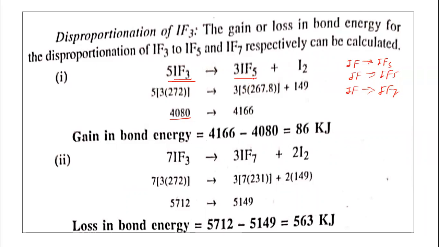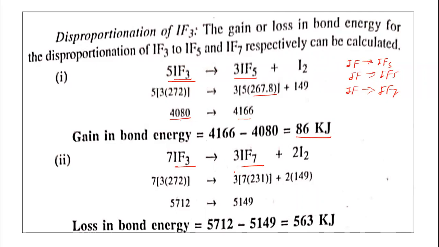In case of IF5, the bond energy is 267.8 for the IF bond, and 5 bonds are there and 3 molecules are there, plus 149 for the bond energy of I2. So the bond energy of the product is larger than the bond energy of the reactant. So gain in bond energy is there. It means that IF3 is also converted to IF5. Disproportionation of IF3 to IF5 is possible. Now let us see the disproportionation of IF3 to IF7, whether it is possible or not.